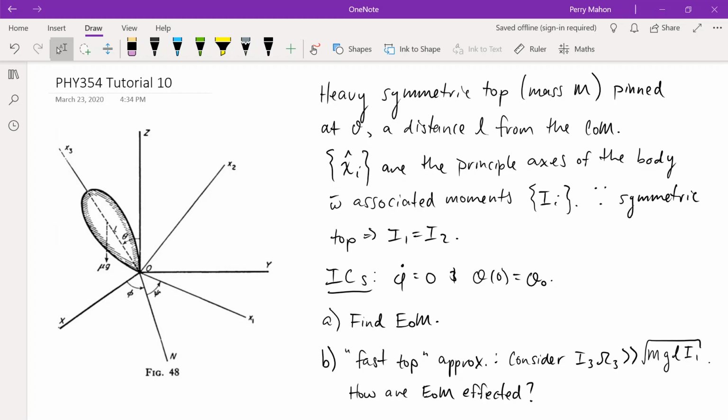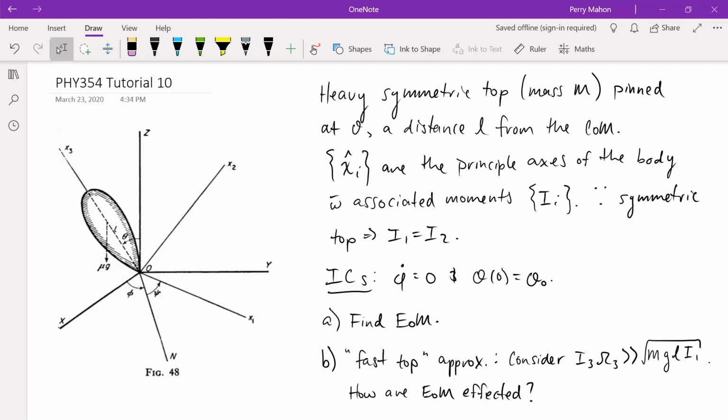Okay, so now we want to find the equations of motion, and to do so we first want to write down a Lagrangian in terms of some generalized coordinates. We know that for a rigid body in general, there are 6 degrees of freedom, so you need 6 generalized coordinates. Generically, the rigid body constraint reduces the problem to 6 degrees of freedom from many for a generic system of particles in 3 dimensions.